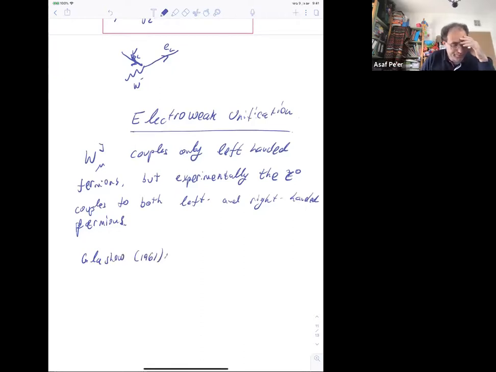It's actually written here on my screen. What did he say? We know that the W3, sorry, is neutral. We have another neutral particle. What is that?